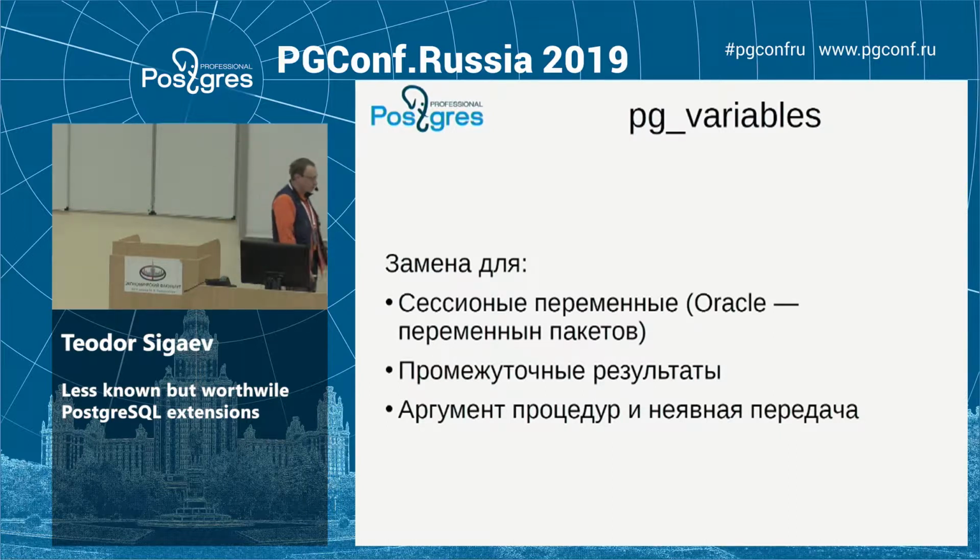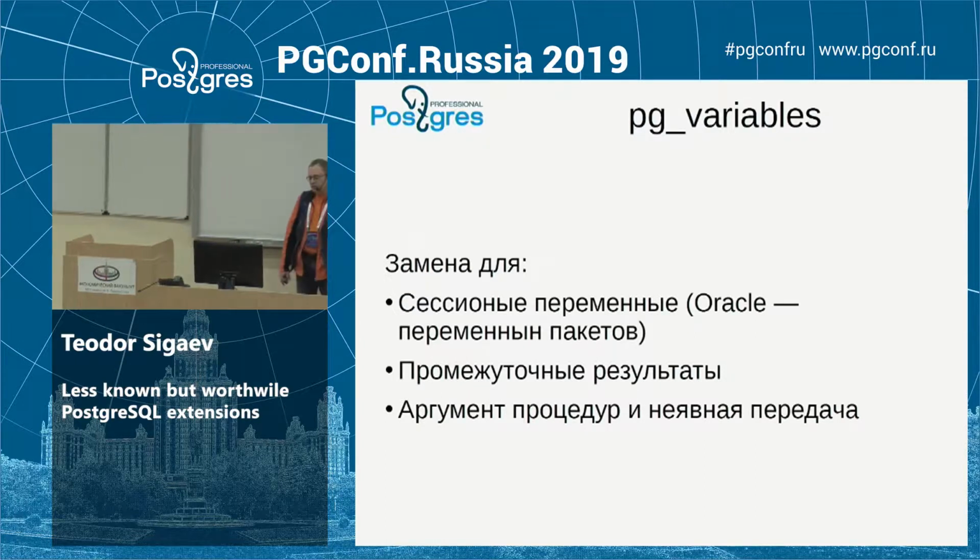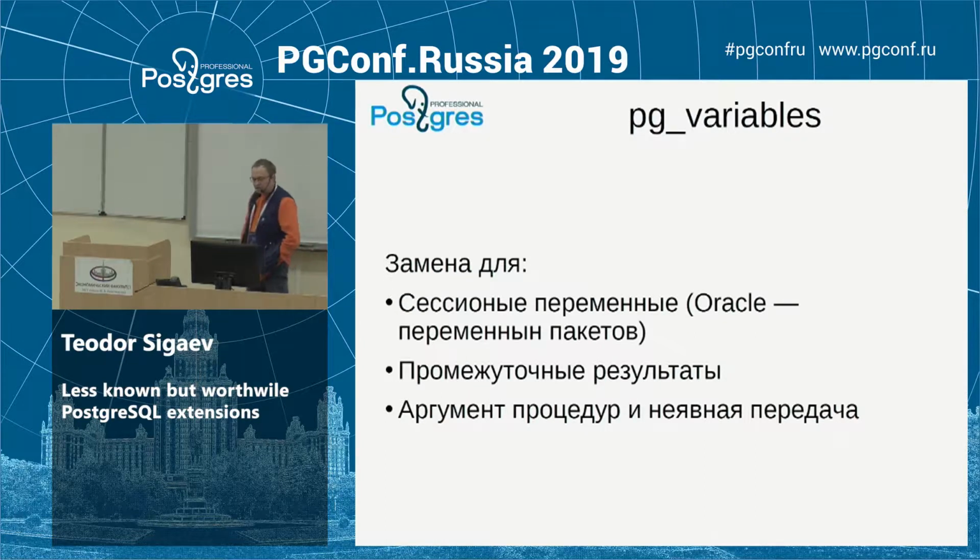But you can add a few more functions which will simulate the necessary behavior using different syntax. Initially, the first version of this module was focused only on session-based variables. Then we extended it for collections to store intermediary results, and then for transferring procedures.